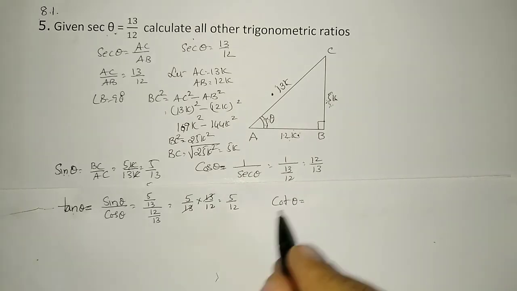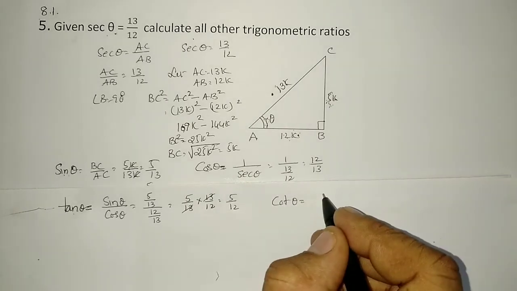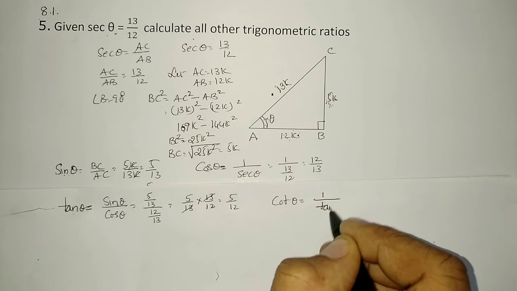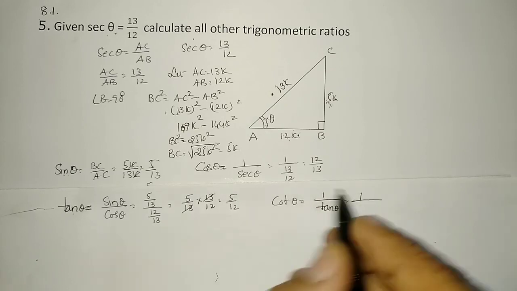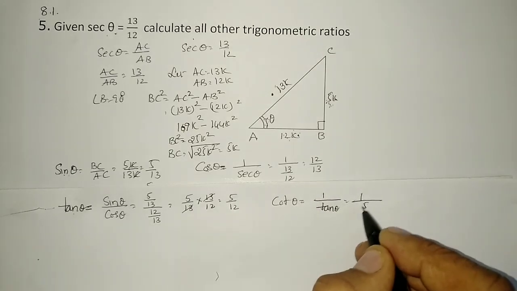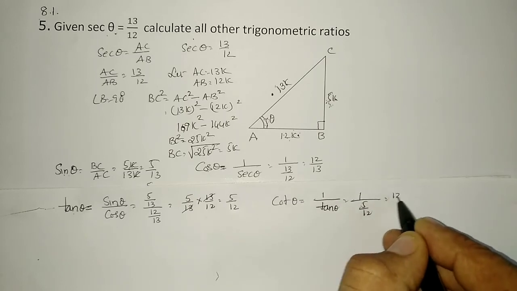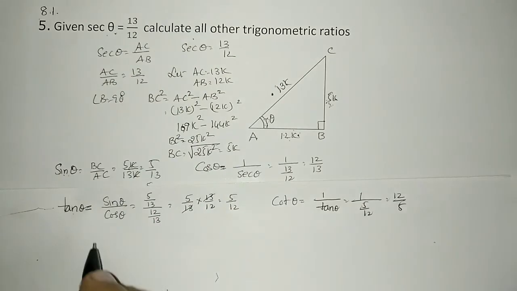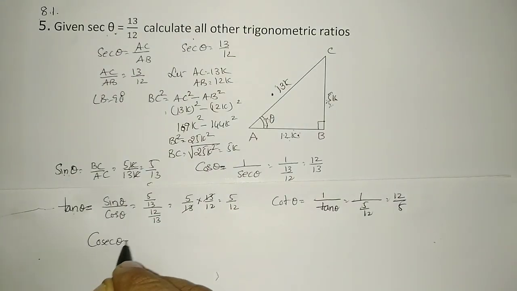Cot theta. We know that tan theta and cot theta are reciprocal to each other. That is tan theta into cot theta equal to 1. Cot theta equal to 1 by tan theta. 1 by, what is tan theta obtained? 5 by 12. Equal to 12 by 5. Already secant theta is given. Now we have to find cosecant theta.